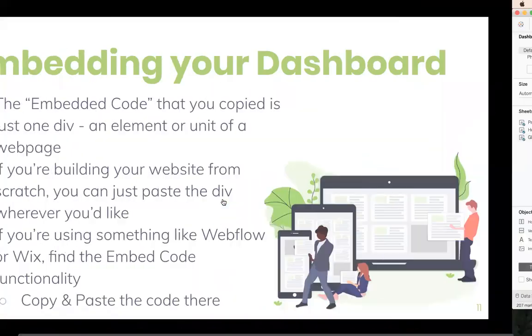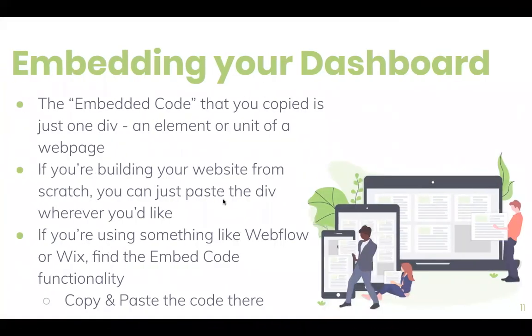And depending on what you're doing, let's say you're building your own web page from scratch, so you already have some understanding of web development, you can just take this, it's just one div, and put it wherever it's appropriate for you. And if you're using something like Webflow or Wix or some other site creator tool that extracts the code away, you can find built into these platforms some kind of embedded code functionality.